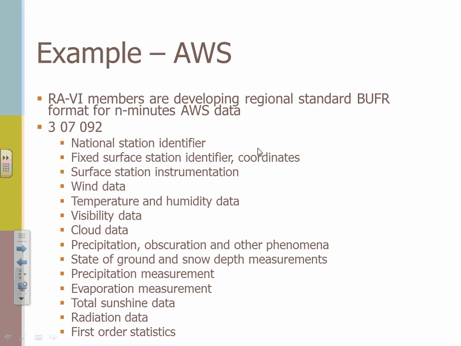And European RA6 members are developing a regional standard buffer format for automatic weather station data. This is represented by the template number 3007092. And this includes the national station identifier, station instrumentation, and these physical quantities.